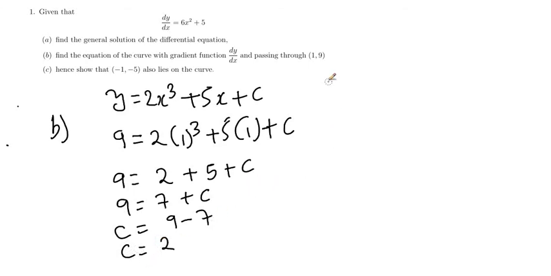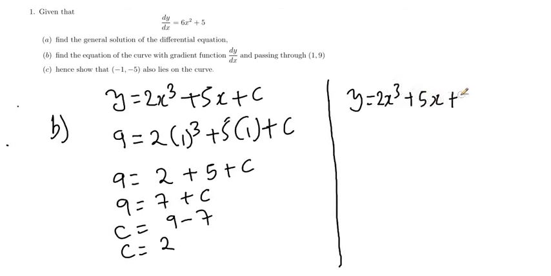It means, therefore, that the equation that is required is going to be y is equal to 2x power 3 plus 5x plus 2. That will be the equation of the curve.